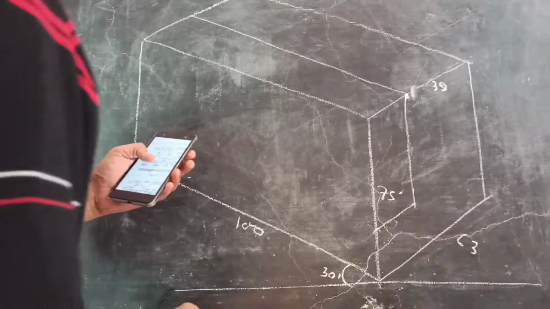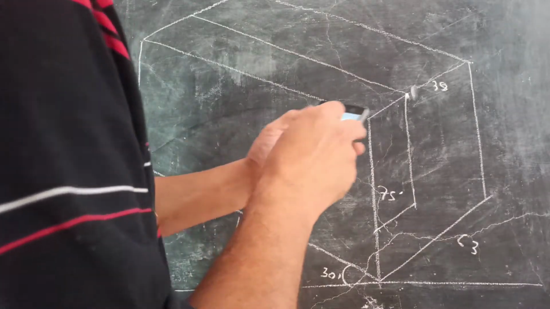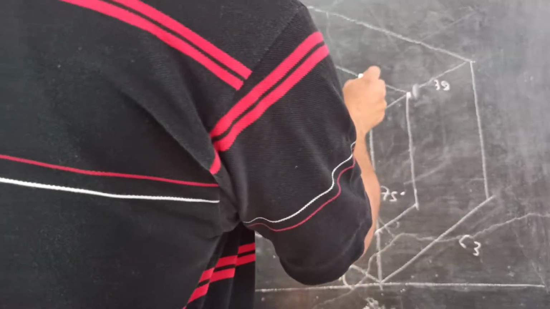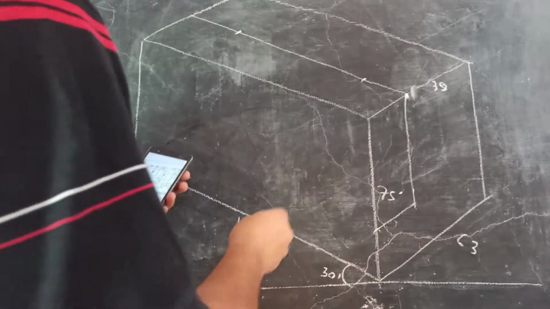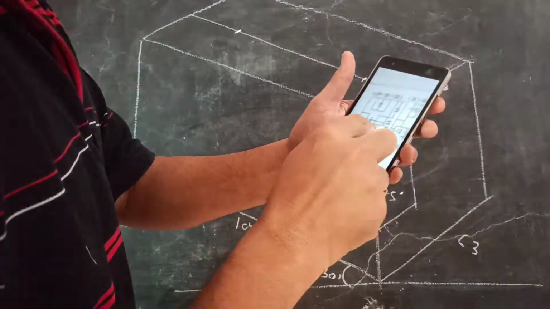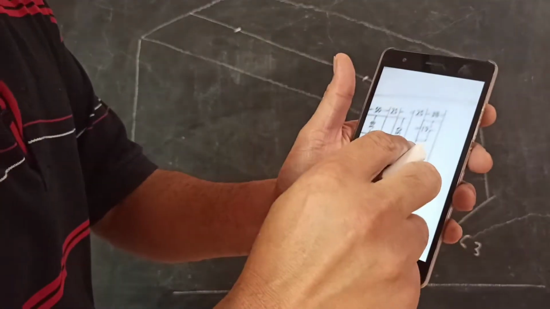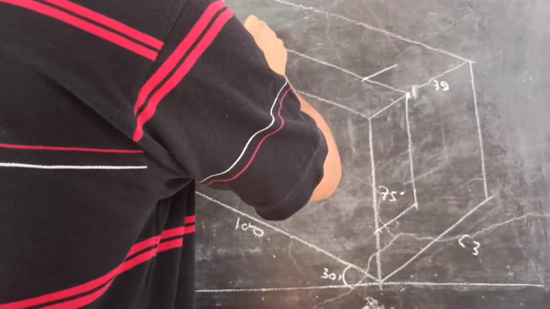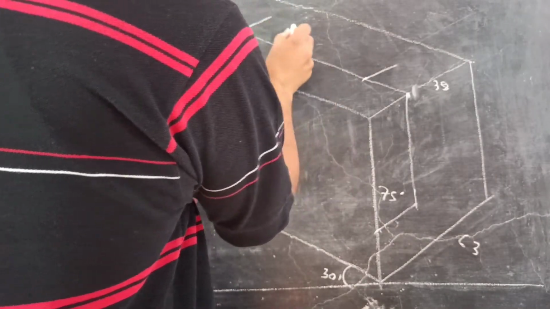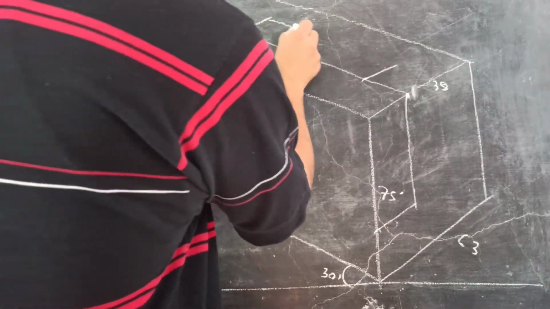So now you can see there is a groove here, 25 from this side and 25 from this side, and the depth of this is 19. It is mentioned in the side view. So this is 19. Draw a line parallel to this from here.